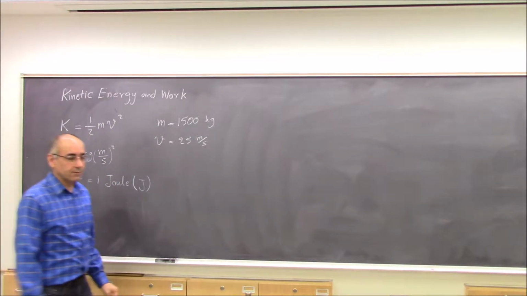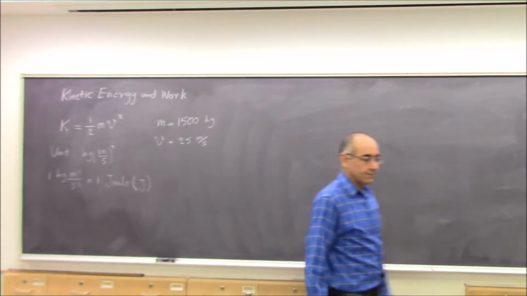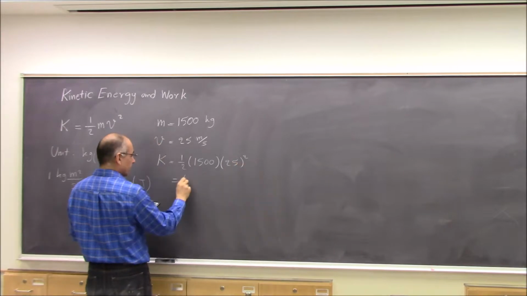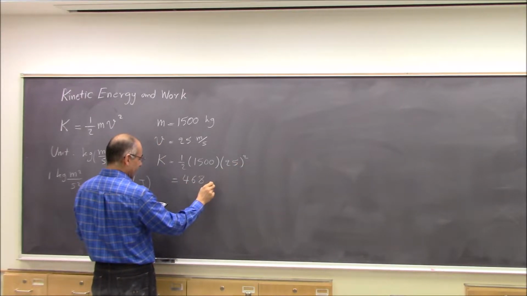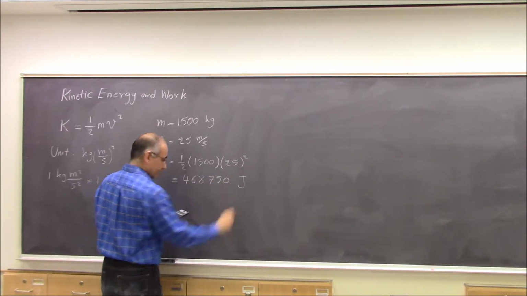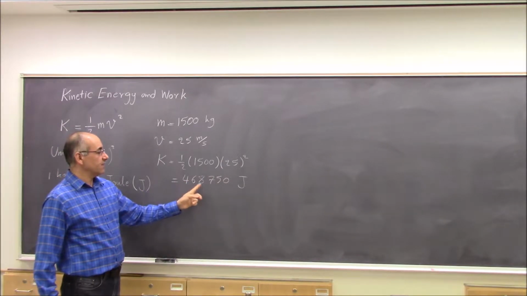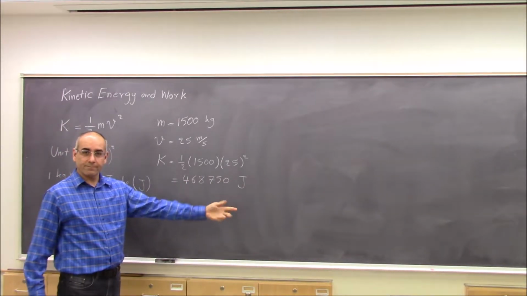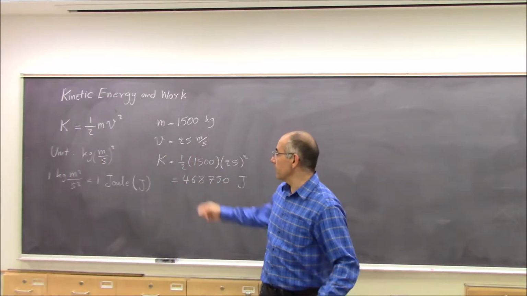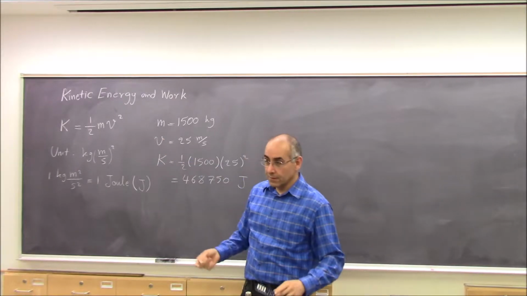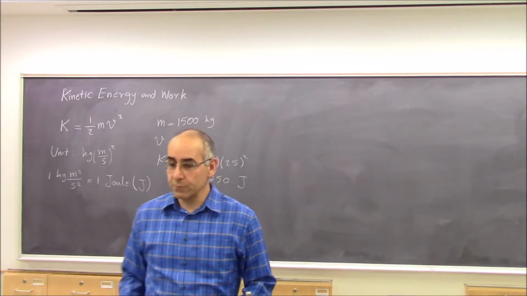Calculate how much energy it has. It's 468,750 joules. Usually we say 468 kilojoules. The bigger the object, the more massive the object, the faster it goes, the more kinetic energy it has.